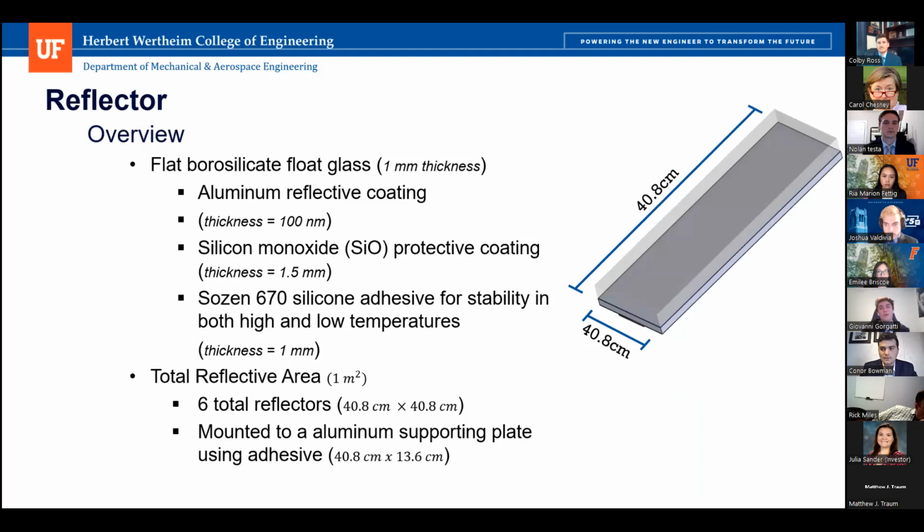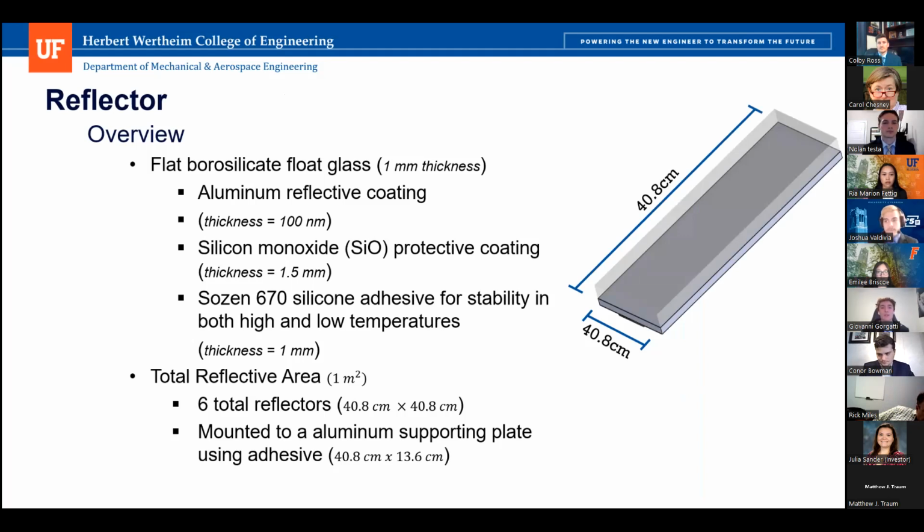So an overview of our entire reflector is that it's a flat borosilicate float glass around 1 millimeter thickness, with an aluminum reflective coating, which is the part that essentially reflects the light through the glass. We also have a protective coating that helps with the washability of the surface and protecting it from damage that can be found, for example, in a desert, like sand.